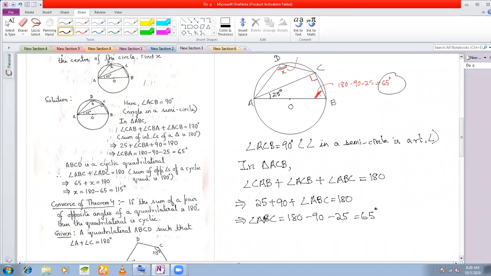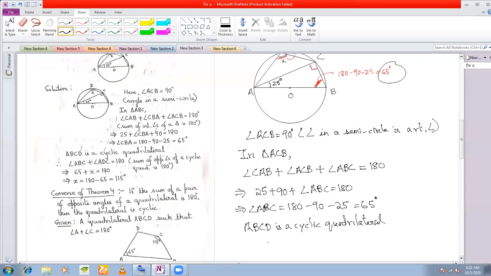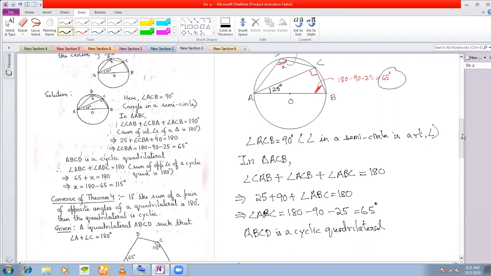Now you see that this 65 degree and this unknown angle X are opposite angles of the cyclic quadrilateral. Which is the cyclic quadrilateral? ABCD. So we write ABCD is a cyclic quadrilateral. You see all the vertices of ABCD lie on a circle. So therefore ABCD must be a cyclic quadrilateral. Therefore sum of the opposite angles must be 180 degree, or we also sometimes say sum of the opposite angles is supplementary. Okay, supplementary means 180 degree.